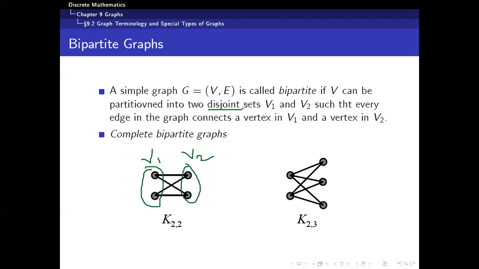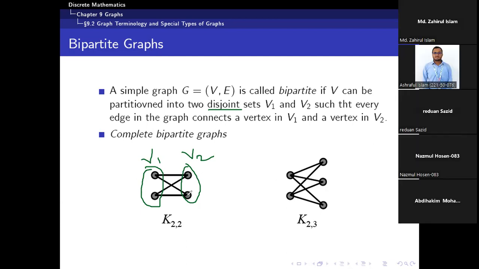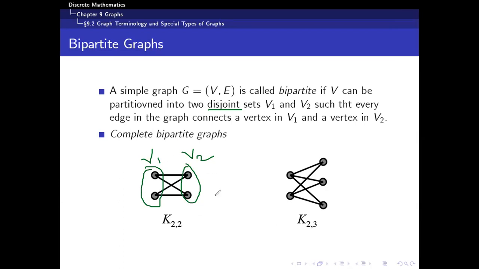As they are partitioned in such a way, and every node will be connected with the other group with some edges, this type of graph is known as the bipartite graph. Clear? Yes, sir.